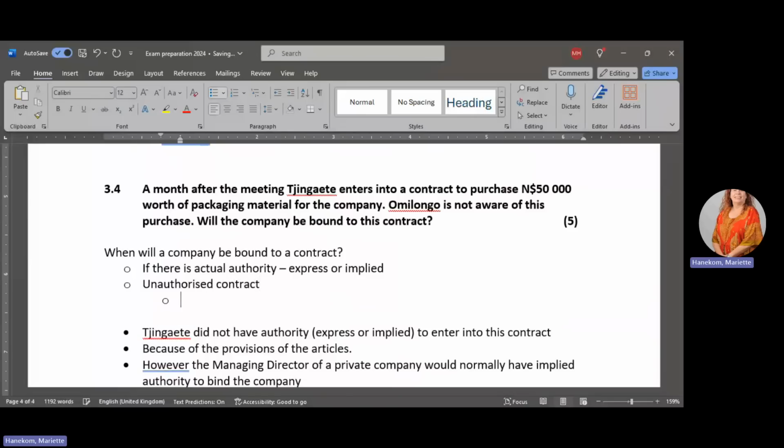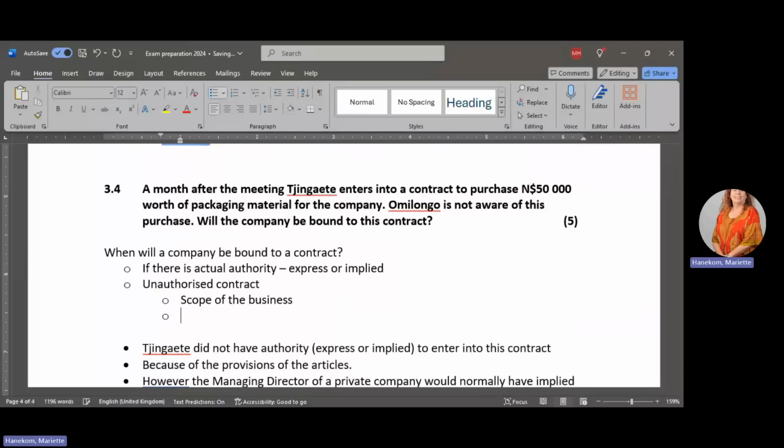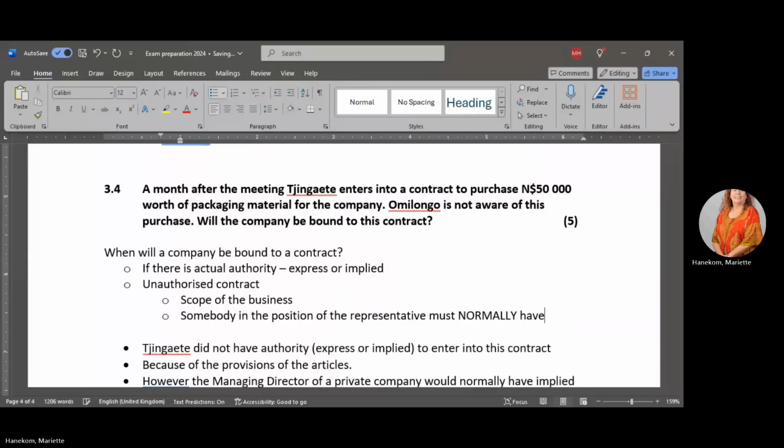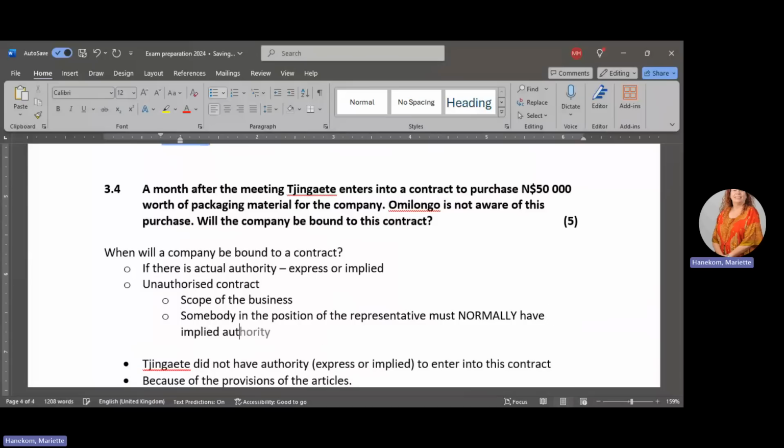If the contract is unauthorized, it must be in the scope of the business, and the representative, somebody in that position, should normally have implied authority.